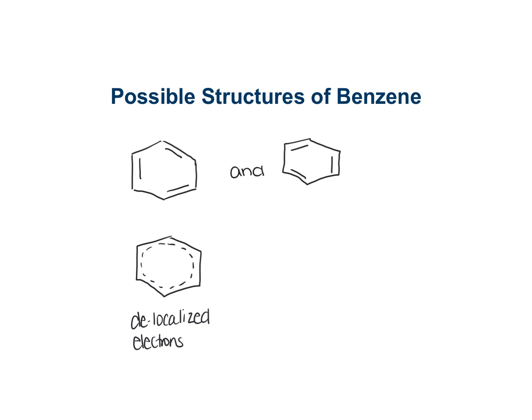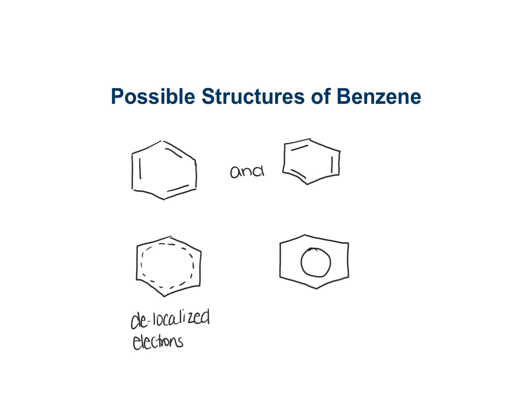We can show it with the little dashes here, but we can also show it as just a ring in the center. And so I just wanted you to keep this in mind because you'll see all of these different representations as the structures of benzene.